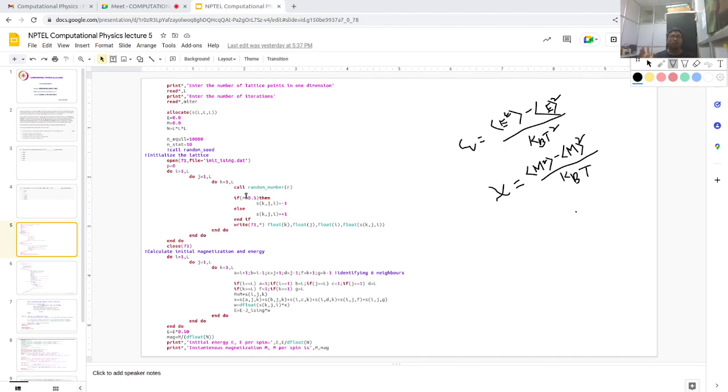As the temperature is increasing, this dE by T will decrease, and that means the probability of accessing that microstate will be higher.